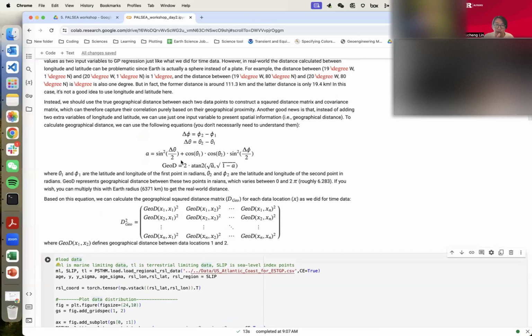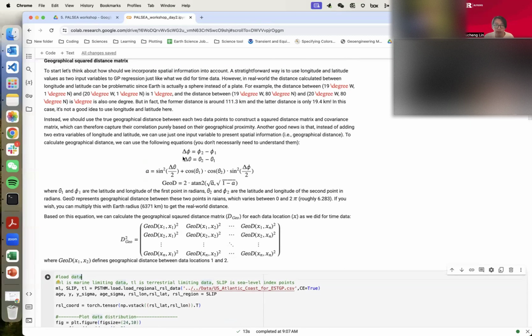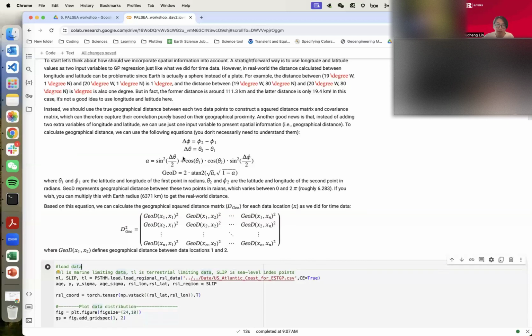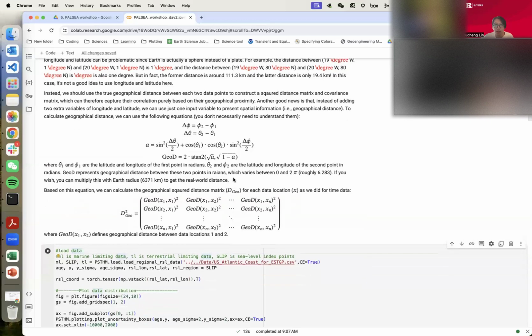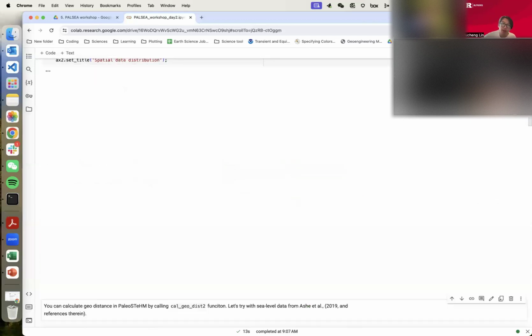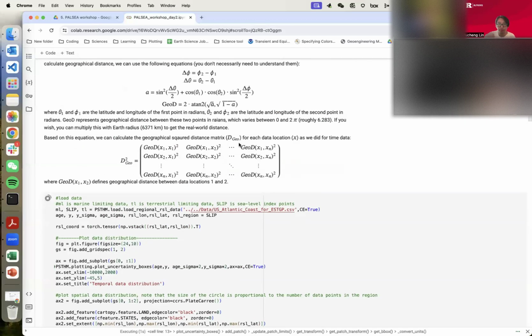Here we calculate this square distance spatially. We are using this kind of geometry equation here, but you don't need to worry about it. If you go through this equation, it gives you a square distance matrix in space.